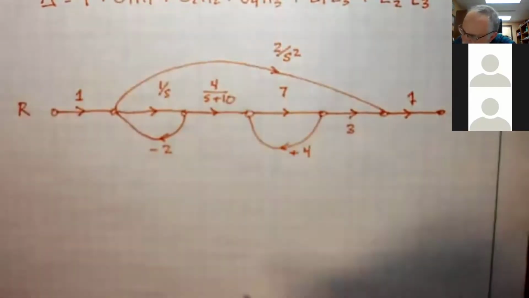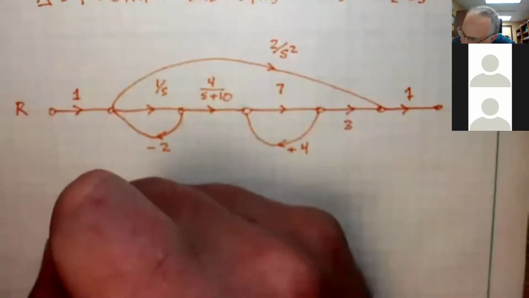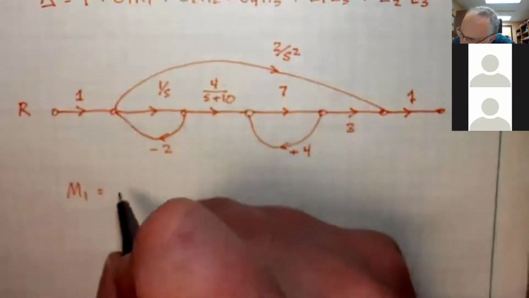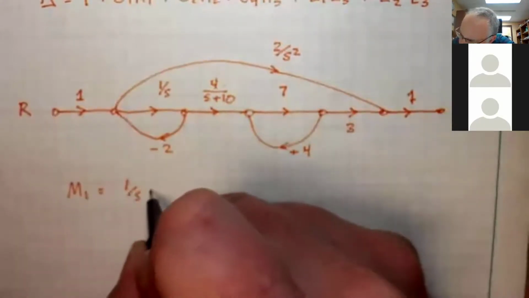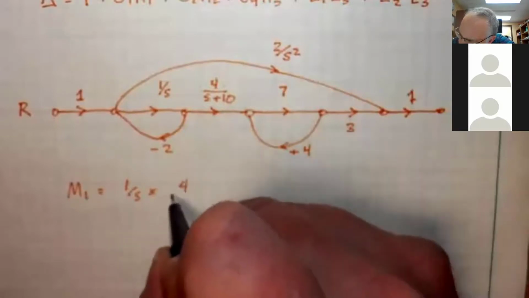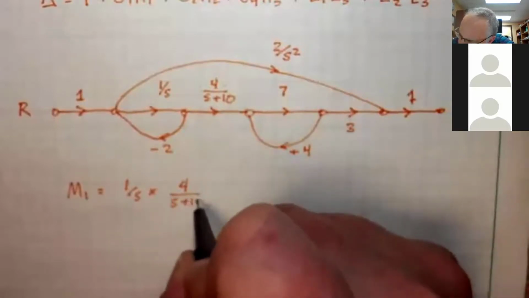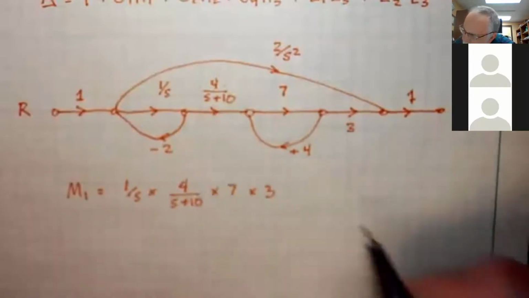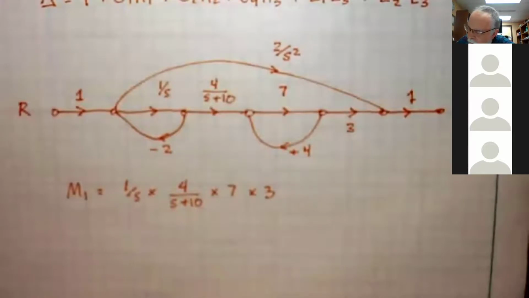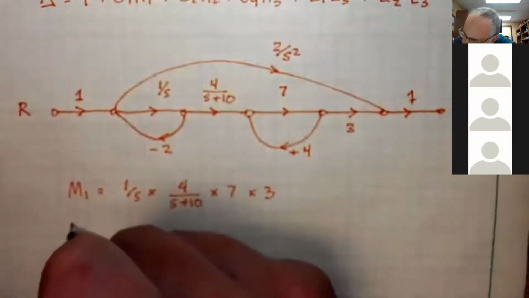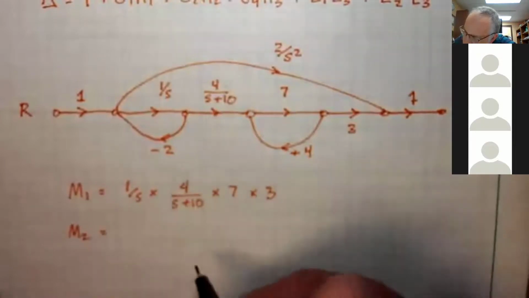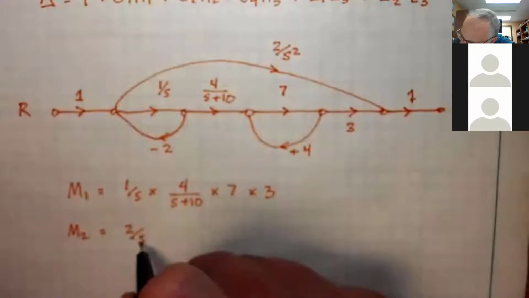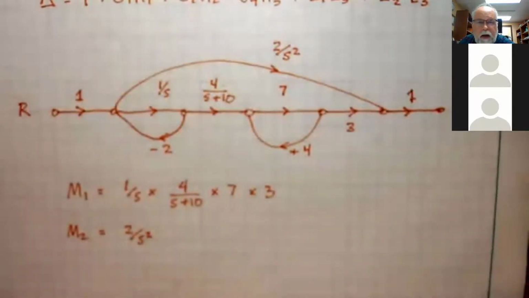So we've got two forward paths. M1 is going to be 1 and 1 over S times 4 over S plus 10 times 7 times 3, right? And then the second path, M2, is going to be 2 over S squared.